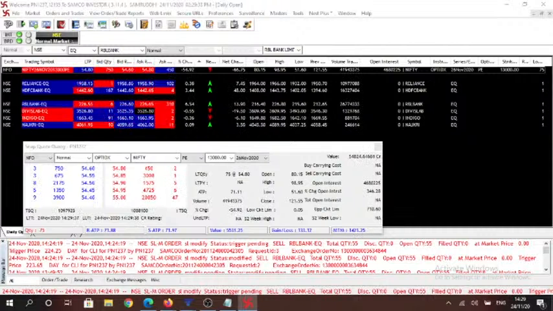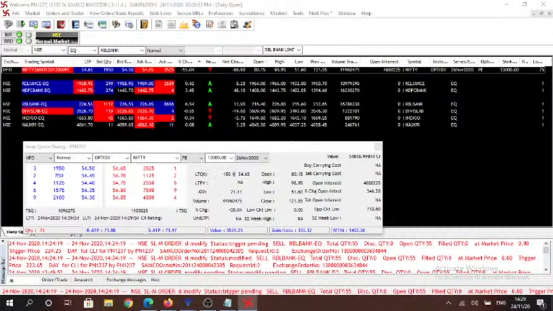These orders at 55, there is a big order, 25,000 shares. So it's going to go towards 55 and try to fill that. So market basically exists to facilitate trade. So wherever there is order flow, market is going to go over there. And now, of course, there is spoofing.